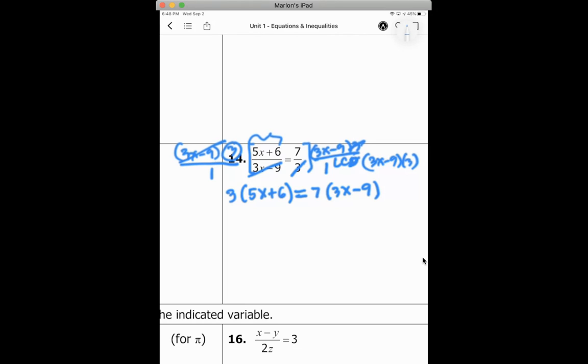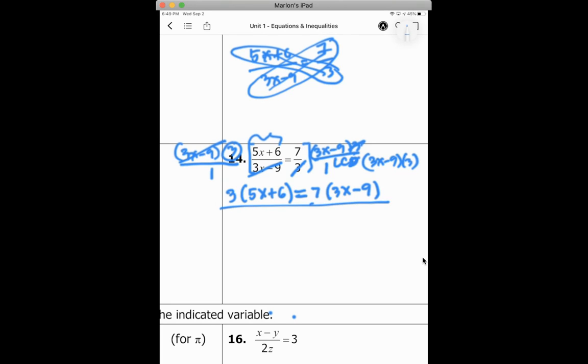The other way to do it is that if you have 5x plus 6 over 3x minus 9, which is a fraction, 7 over 3 is a fraction, you can just cross multiply. So you have 3 times 5x plus 6 equals 7 times 3x minus 9. That will result to this.